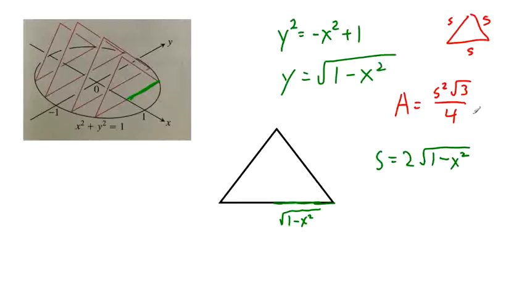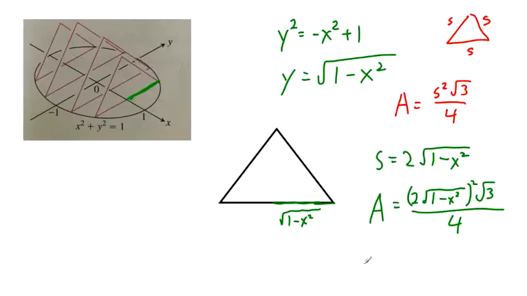So if I plug that into this equation, I end up getting the area of this one piece is going to be s squared, so that's going to be 2 square roots of 1 minus x squared, squared, times the square root of 3, all over 4.